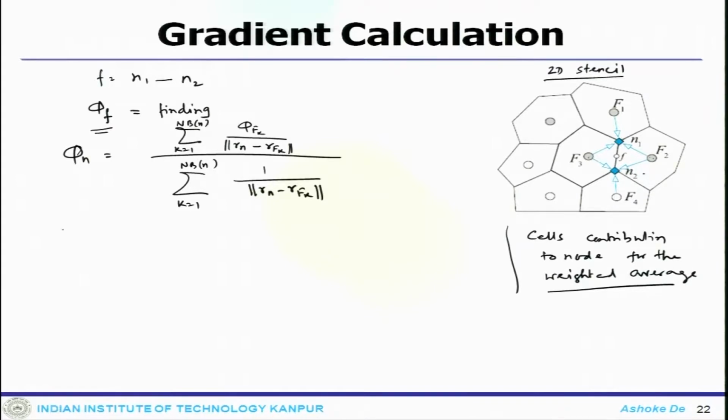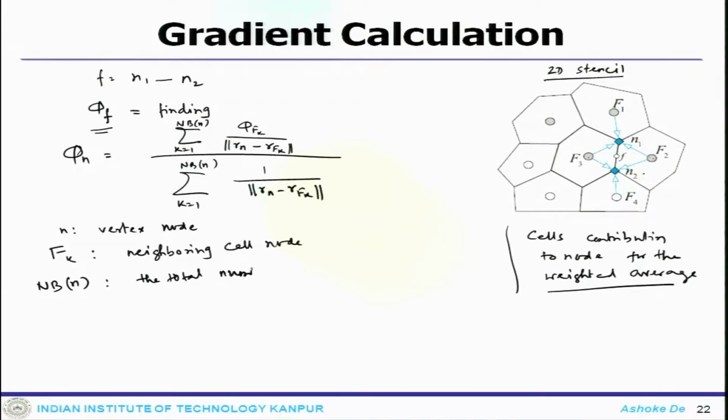Here n stands for the vertex node, Fk the neighboring cell node, and NBN stands for the total number of cell nodes surrounding the vertex node.